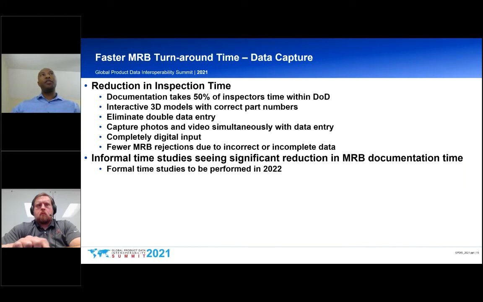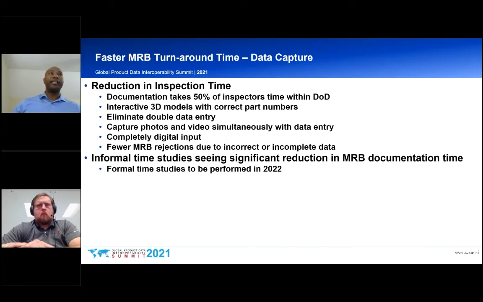So what can you expect to achieve once you implement a modern digital thread solution within MRB? Well, a reduction in inspection time. The DoD estimates that their inspectors take 50% of their time just filling out documentation. So that's not performing inspections, that's just filling out paperwork.